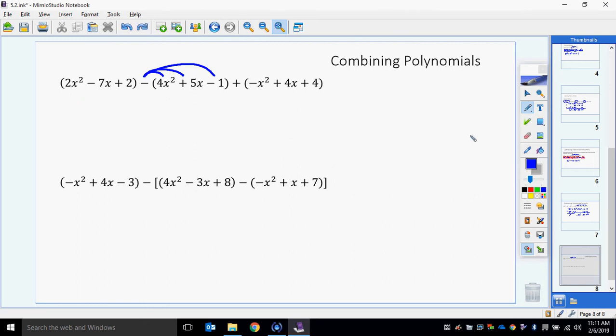I'm going to get my pen a little bit smaller because I don't have much space. So negative 4x squared, I'm distributing the negative to the 5x, I'm distributing the negative to the negative 1, so it turns positive. And then I'm just going to drop down my addition of all of these, right? Addition means they're going to stay the same, so you don't really have to distribute that, but you can.